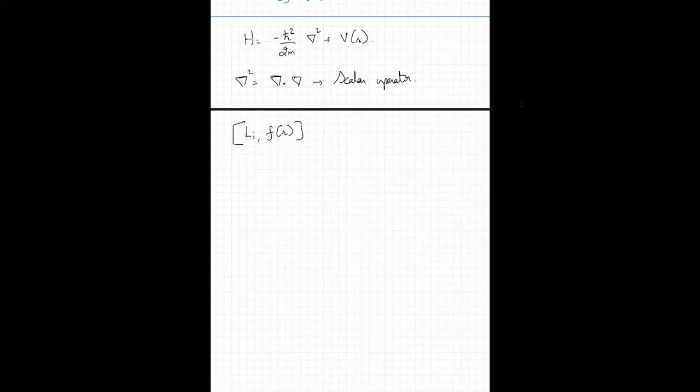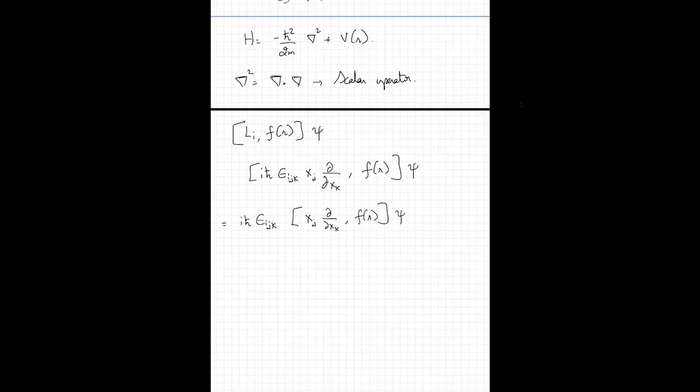Okay. So how do you calculate this? This is some operator that depends only on the distance. So let us multiply this with some test function psi. This is equal to i h bar epsilon ijk times the commutator of xj d/dxk, f of r acting on psi.